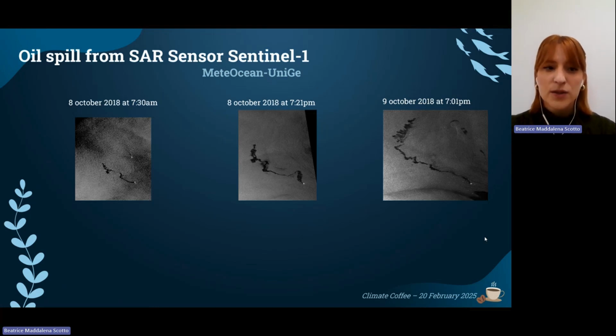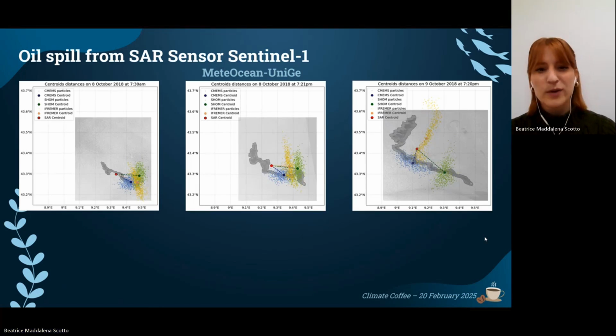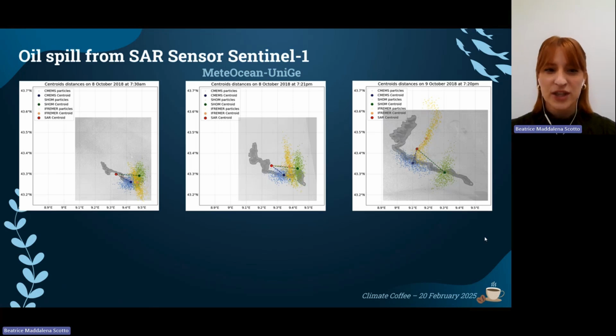And what we wanted to do was compare these images with our simulation, and how we recreate with QGIS the area of the oil slicks, which is the one in gray that you can see. And we compared with our simulation.